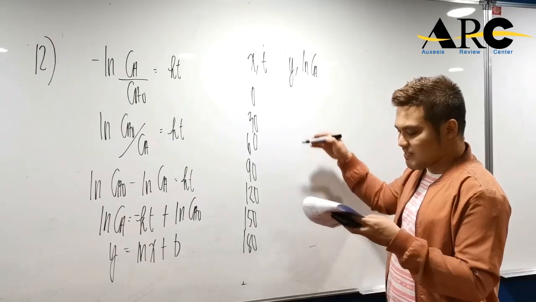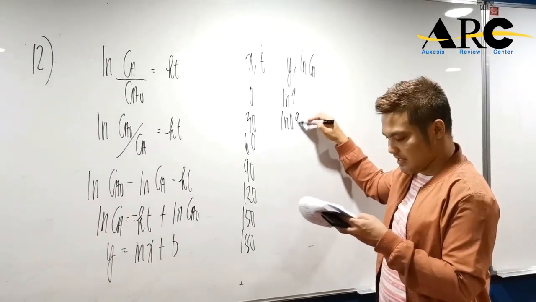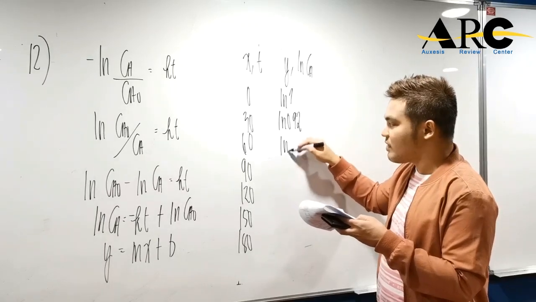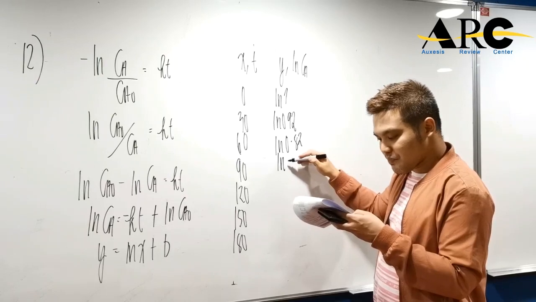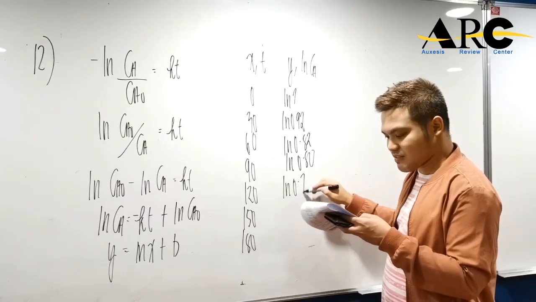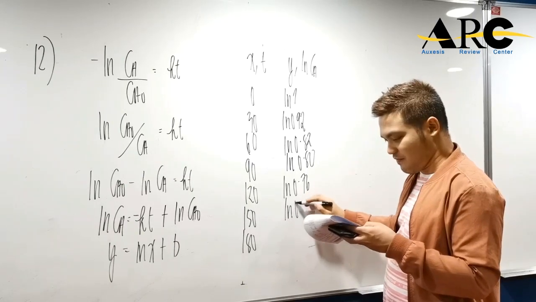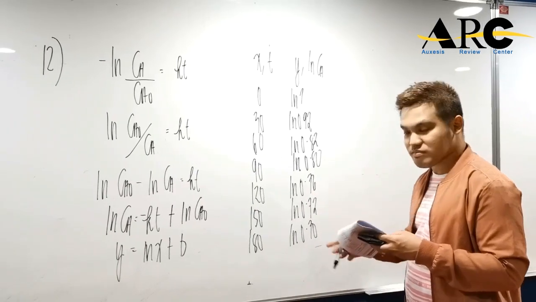How about ln CA? So, we have ln 1, ln 0.92, ln 0.82, ln 0.8, ln 0.76, ln 0.72, and ln 0.7.